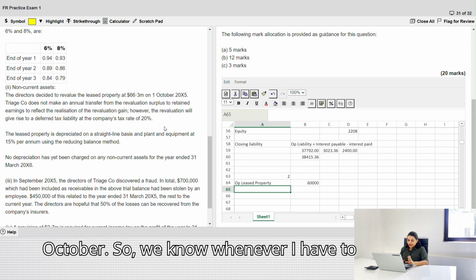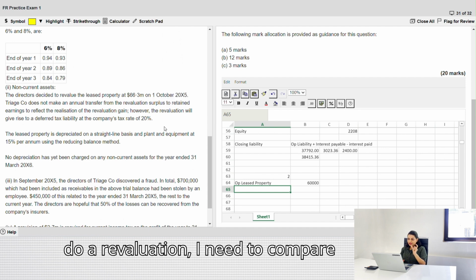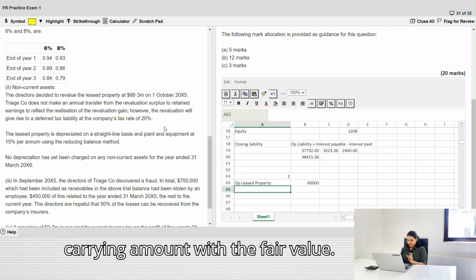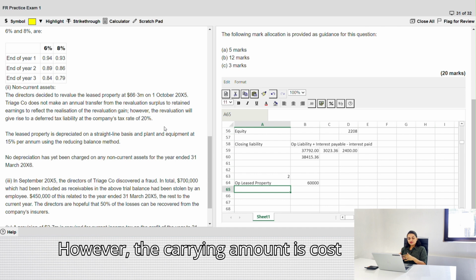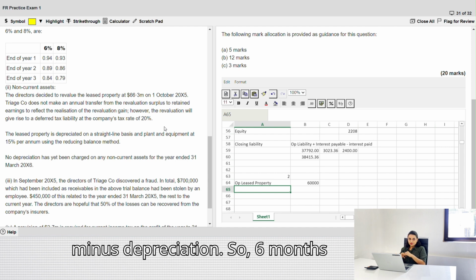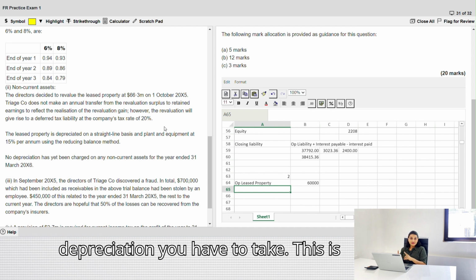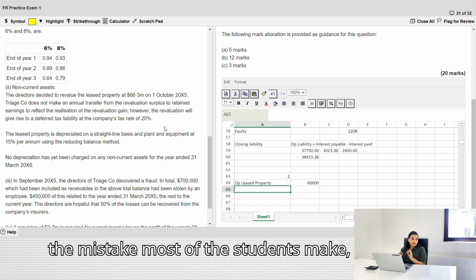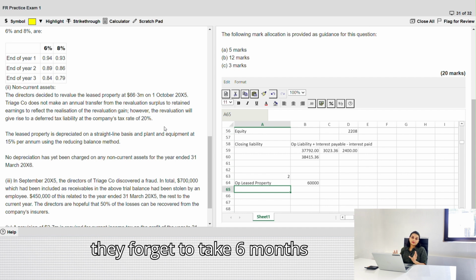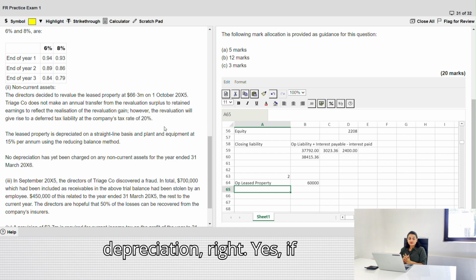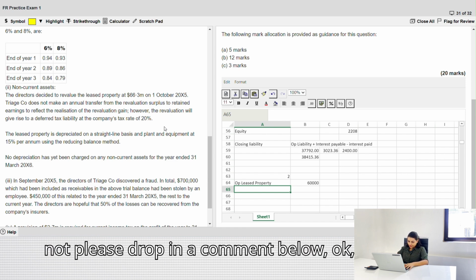Then this revaluation takes place on 1st October. So, we know whenever I have to do a revaluation, I need to compare carrying amount with the fair value. However, the carrying amount is cost minus depreciation. So, 6 months depreciation you have to take. This is the mistake most of the students make. They forget to take 6 months depreciation. I hope you are understanding why we have to take the depreciation, right? Yes? If not, please drop in a comment below.